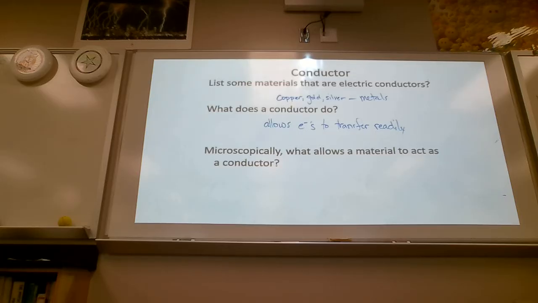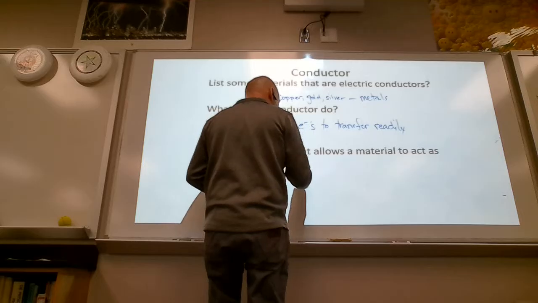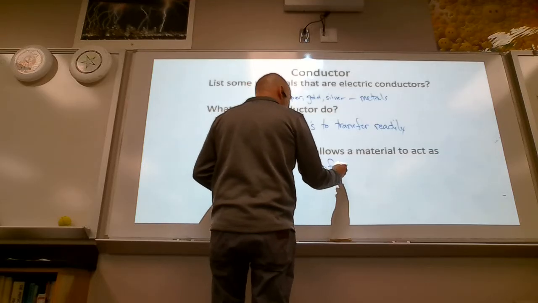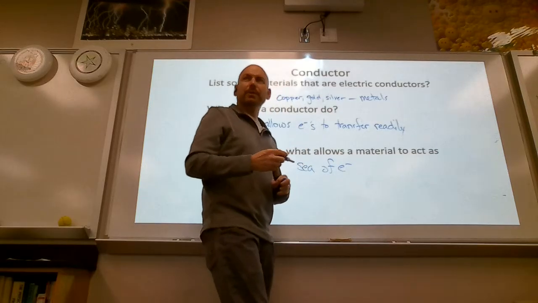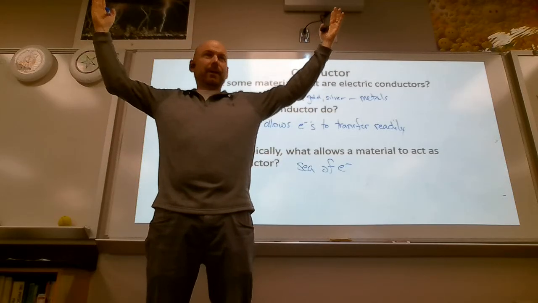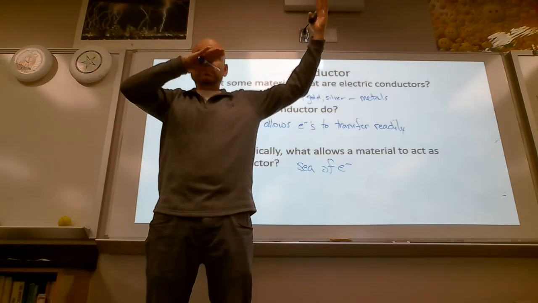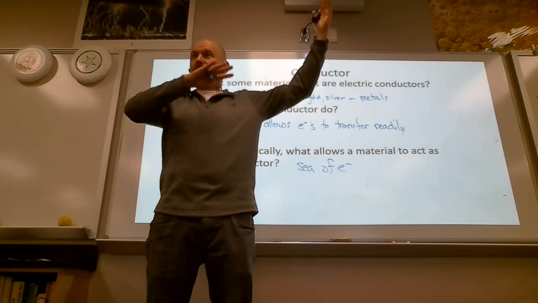Okay. Conductor. Microscopically, how is that possible? In chemistry class, did you guys ever learn about transition metals? You've got your twin towers on the periodic table, and then the valley in the middle. That's your transition metals.